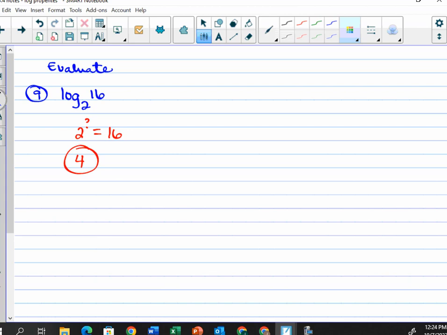Let me give you a few here. Let's do log base 5 of 1 over 25. Let's write 3 of them here for you to try, okay? Log base 16 of 4. And log base 7 of 1. Do a few here.